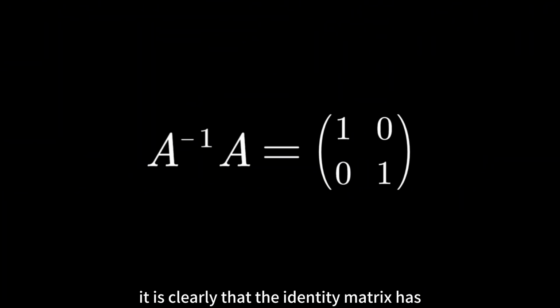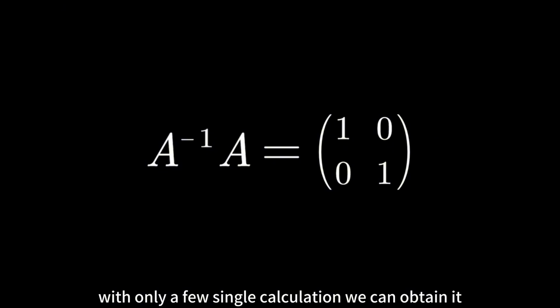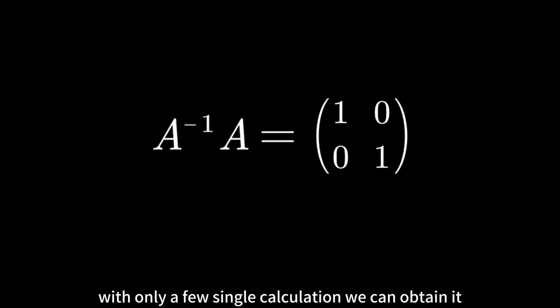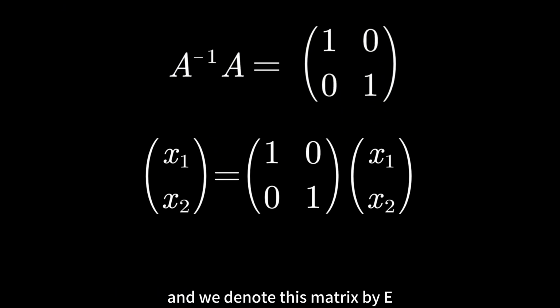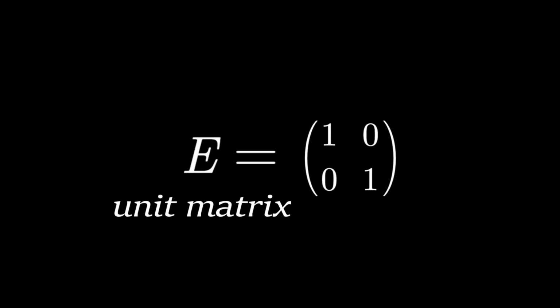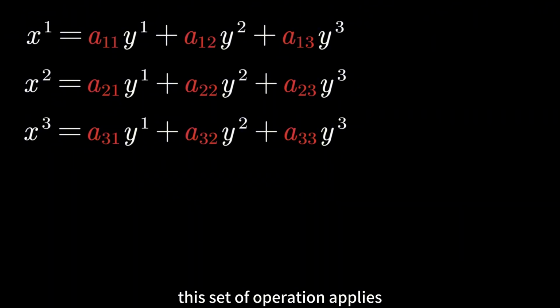It is clear that the identity matrix has ones on its diagonal and zeros elsewhere. With only a few simple calculations we can obtain it, and we denote this matrix by E. This set of operations applies not only to two-dimensional vectors, but to vectors of all dimensions.